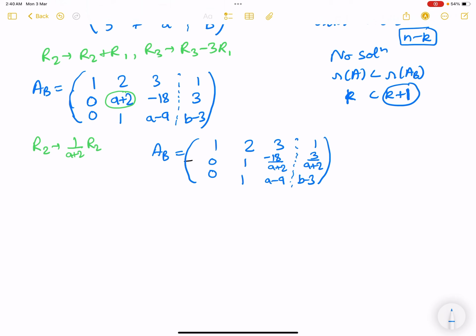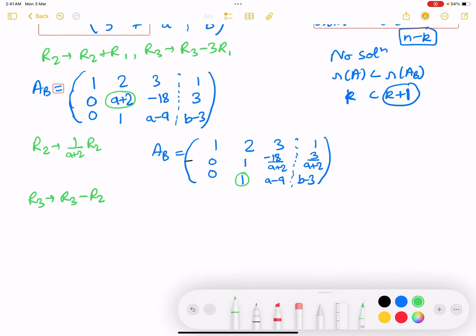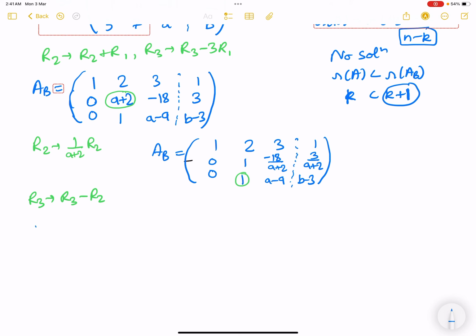Now the last row operation that we'll use is, we'll make this as 0. So R3 goes to R3 minus R2. The A augmented B matrix that we'll get is 1, 2, 3, 1.